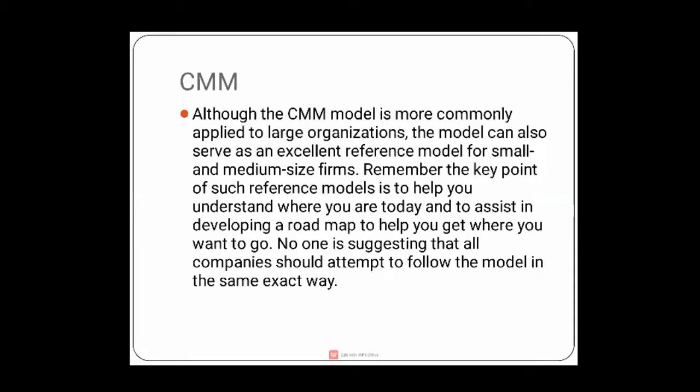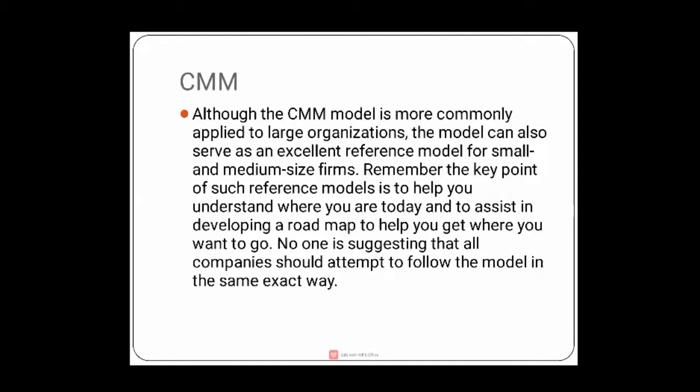The model can also serve as an excellent reference model for small and medium-sized firms. It is not only limited to big organizations, but small and medium-scale organizations as well.